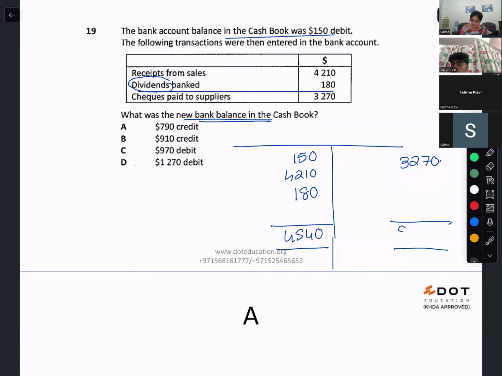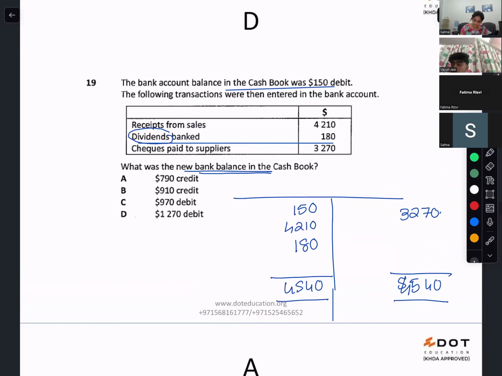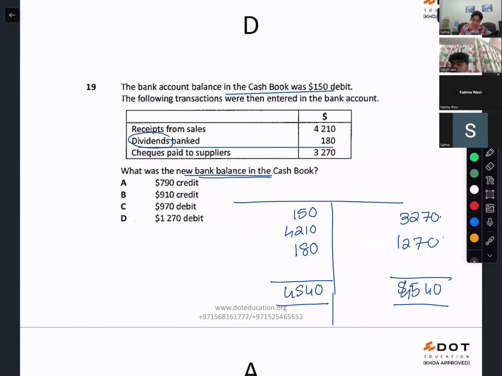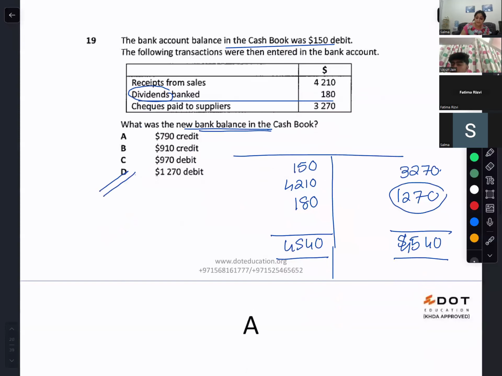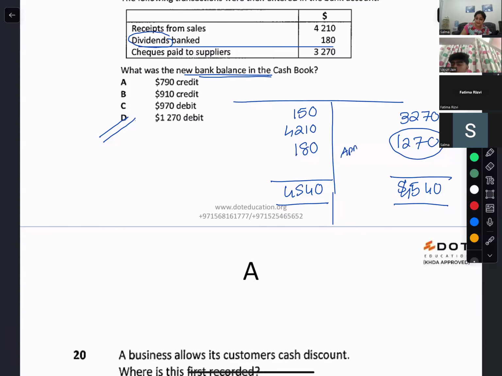Then to find the balance, you have to subtract 3,270 from 4,540, which is 1,270. So this is appearing on the credit side, right? Yes, miss. But appearing on the credit side will be what balance?